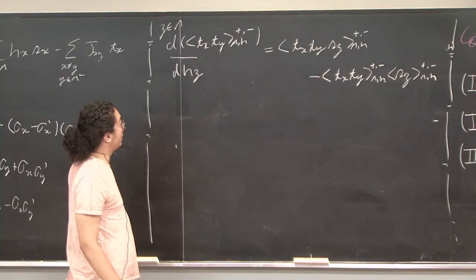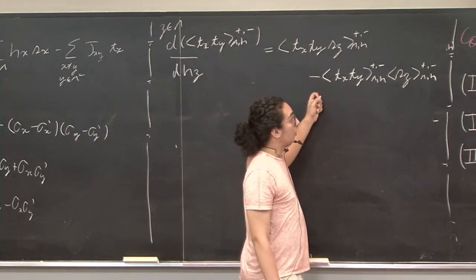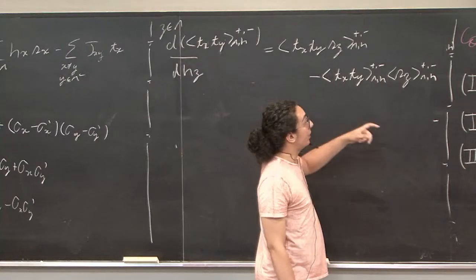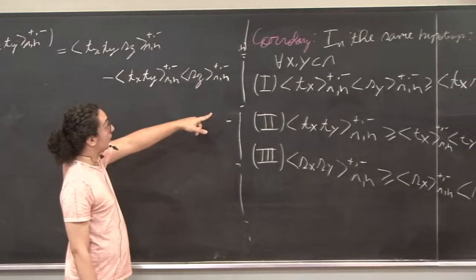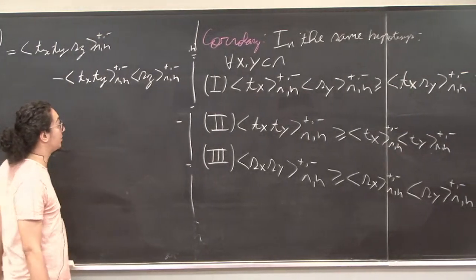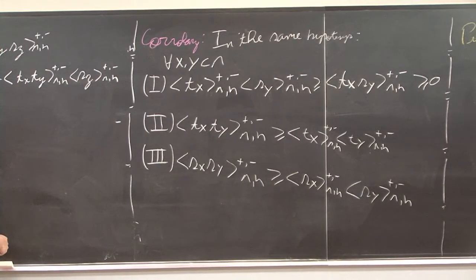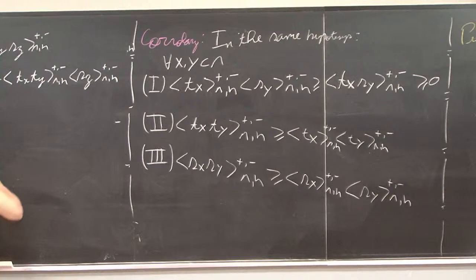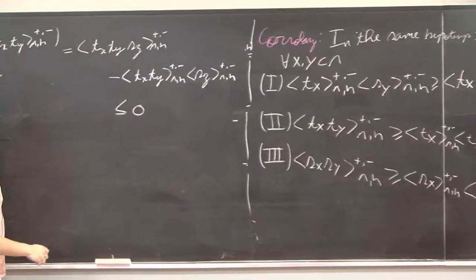So what happens in particular, if you look at this thing, we know by inequality 1 that that thing there is negative, right? So this here is smaller than 0.